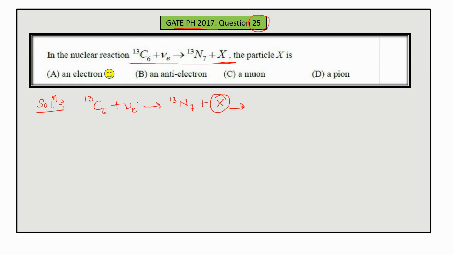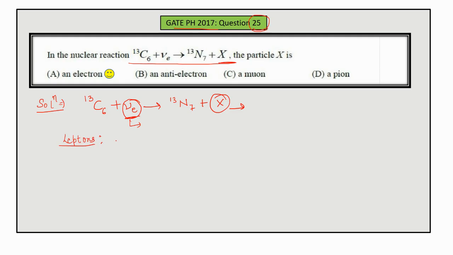First of all, what you need to do is check some quantities like atomic number and mass number, whether they are conserved on the left hand side and right hand side or not. This is an electron neutrino. In the last class, if any of you joined my class last time, you might know that I talked about leptons.